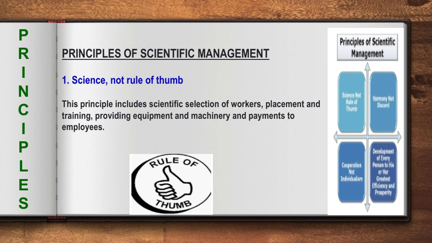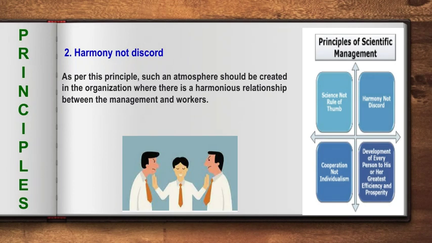Furthermore, the workers are given a particular method of completing the task. This helps to save a lot of time, money, and resources. The second one is harmony, not discord.